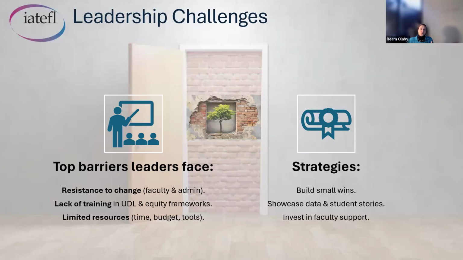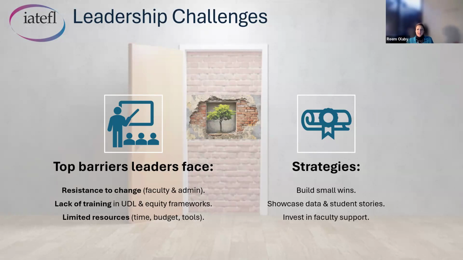So what you can do in this case is build small wins. You can start with one course, one module, or one practice that shows results and build momentum, incremental changes, right? You can showcase data and student stories. You can combine numbers, whenever you add statistics to stories, in public speaking even, that's always effective, right?